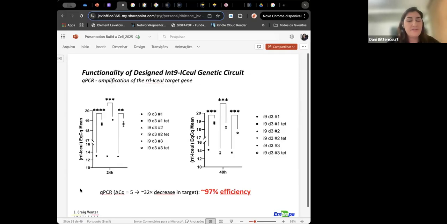This gave us very good results. So the endonuclease is functional and is cutting the specific spots in the genome of the minimal cell.